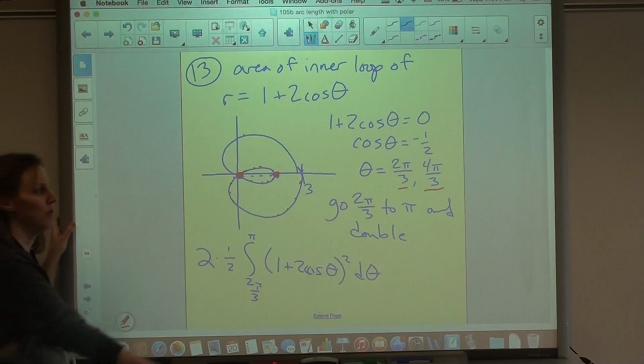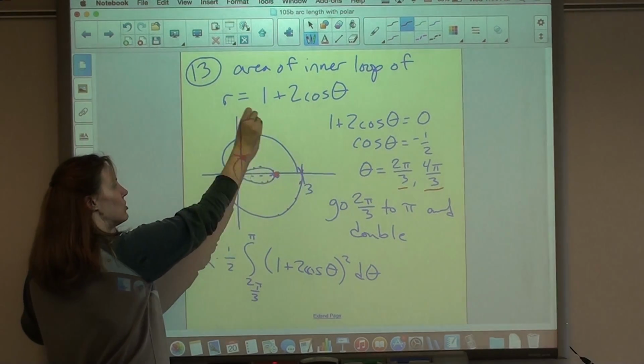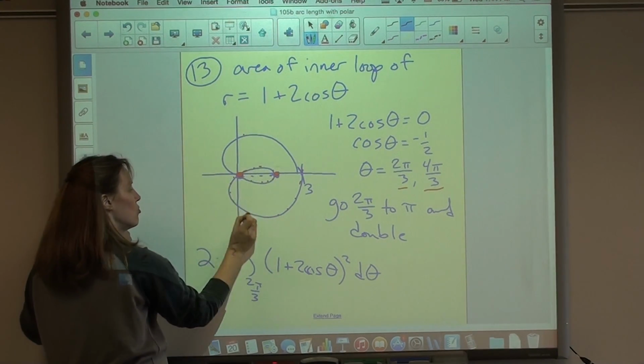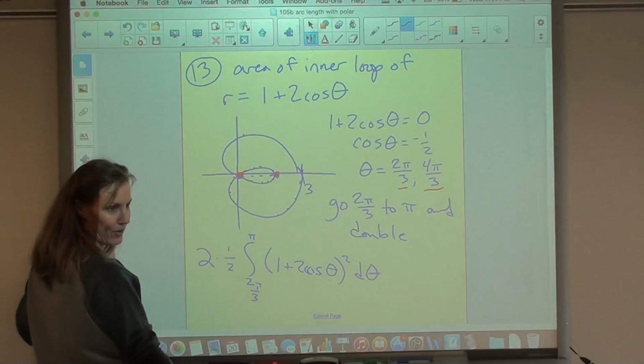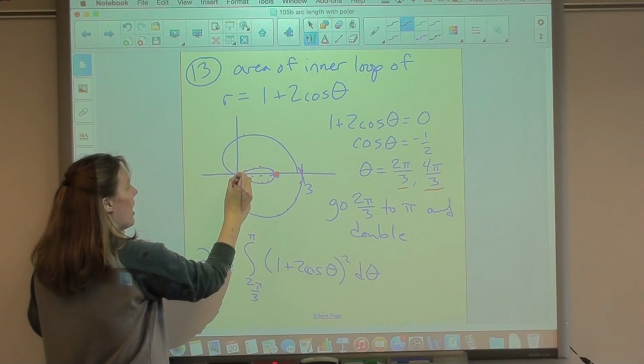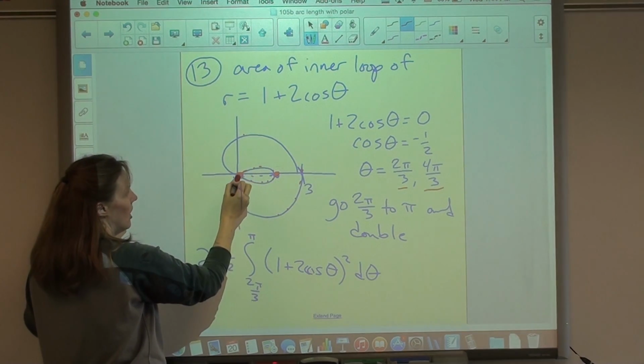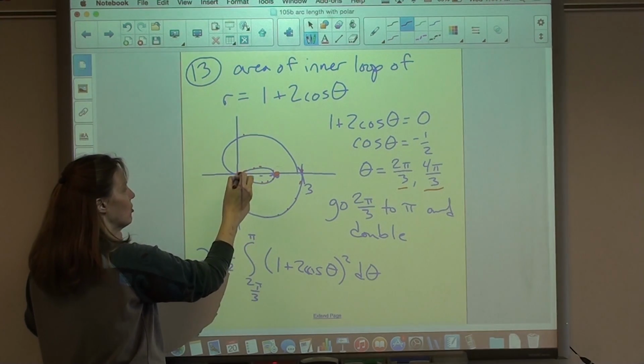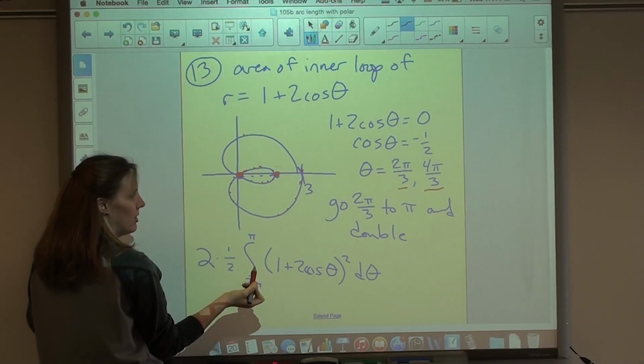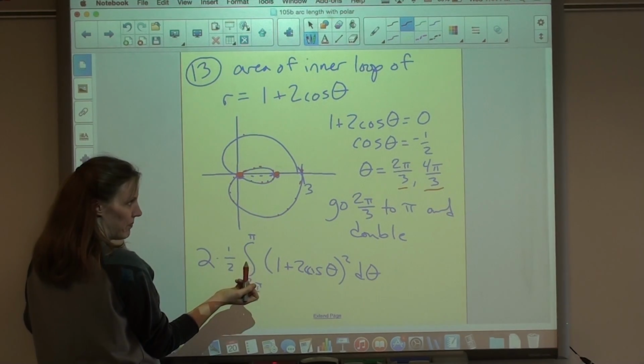So this is 0 to 2 pi. We could go 2 pi thirds to 4 pi thirds on this graph, but I'm going to go 2 pi thirds to here and double. It makes me feel more comfortable.